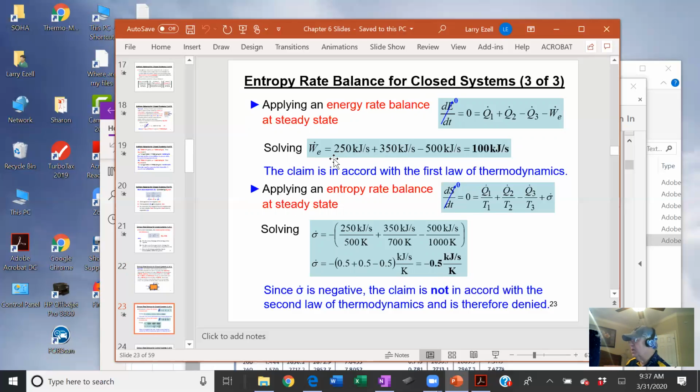So that's equal to the sum of the Q's minus the work. So we can solve for the work of that system using the first law equation. Okay, the reason that dE dt is 0 is because it is at steady state.